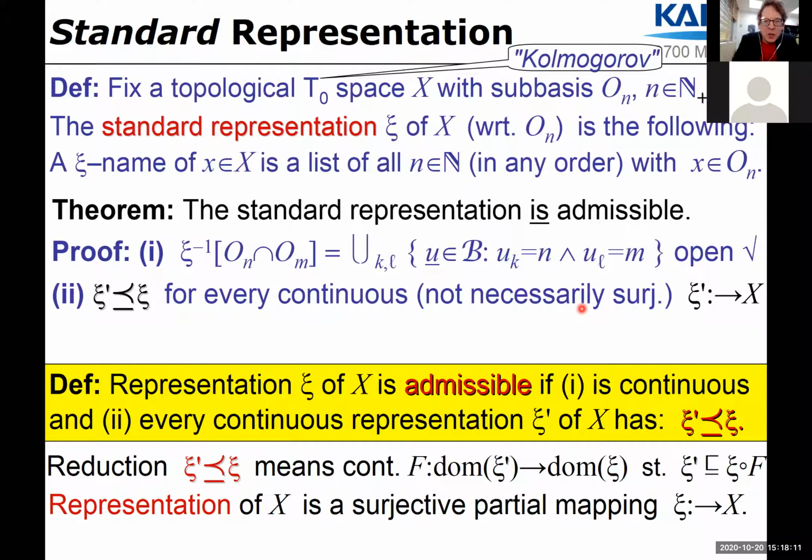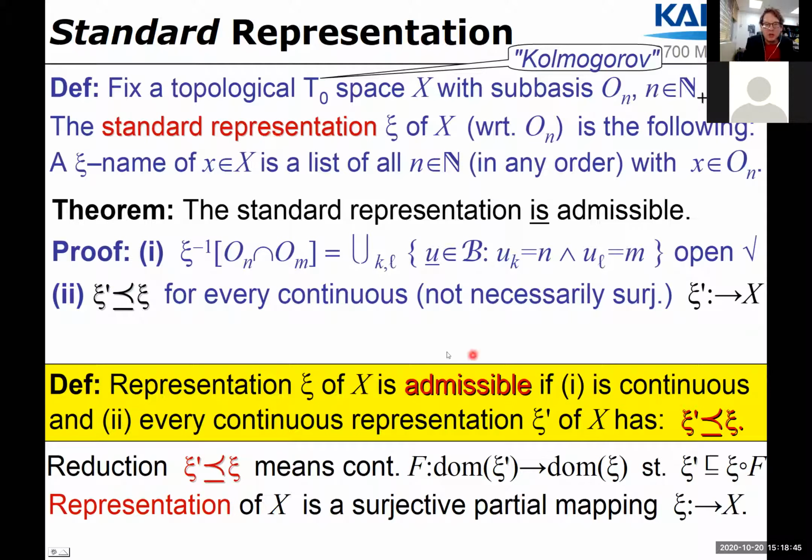So let's consider an arbitrary continuous mapping from Baire space to X. An important property of the standard representation is that this continuous reduction holds not only for other continuous representations, but for any other continuous function. It doesn't have to be surjective, but this is a property of the standard representation.